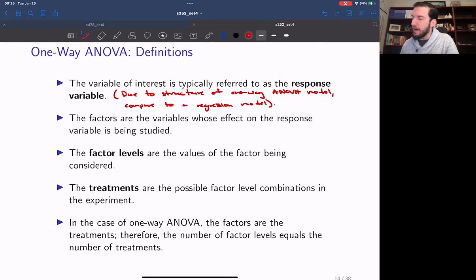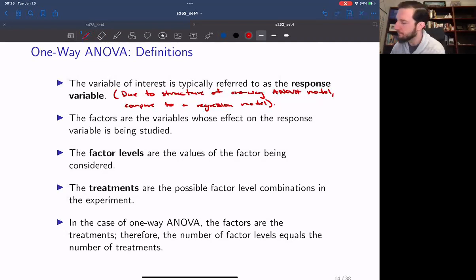Okay, the factors are again the variable that is being studied. So it's the variable that is splitting the variable of interest into different groups. Okay. The factor levels are the different levels of the variable that we are considering.